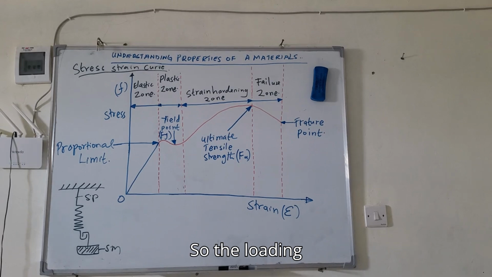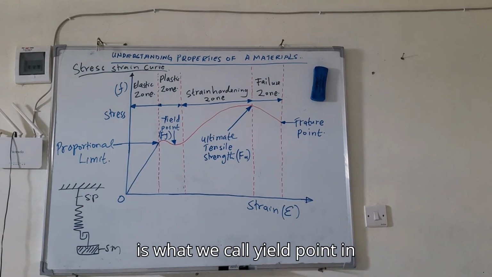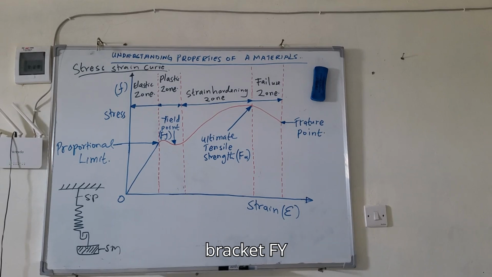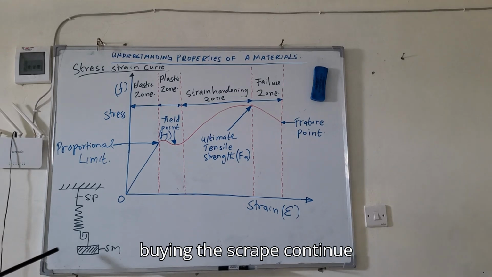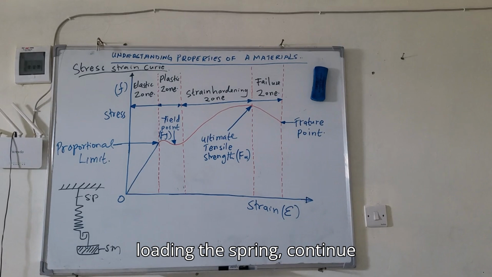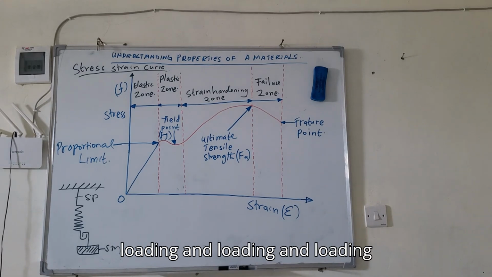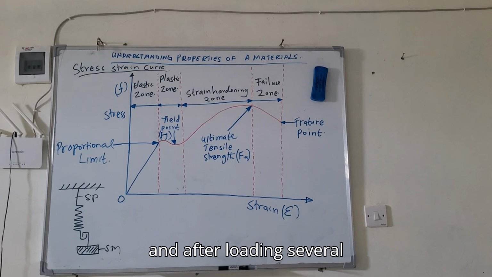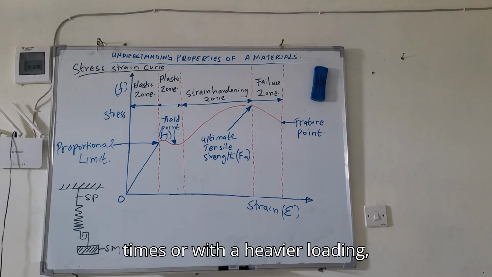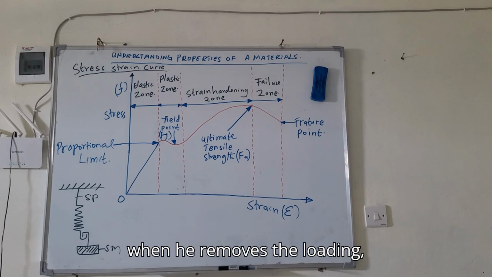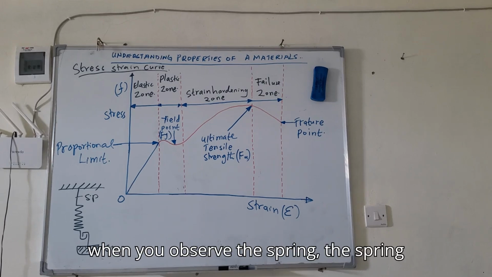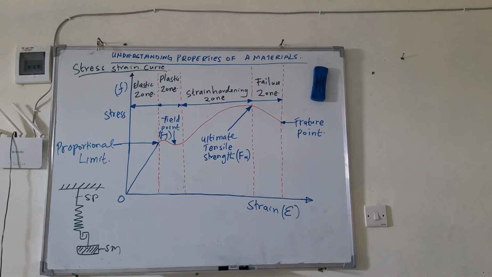So the loading at this point is what we call yield point, in bracket Fy. Again, if the person buying the scrap continues loading this spring, continues loading and loading and loading, and after loading several times, or with a heavier loading, when he removes the loading, you observe the spring will again increase the stretching.